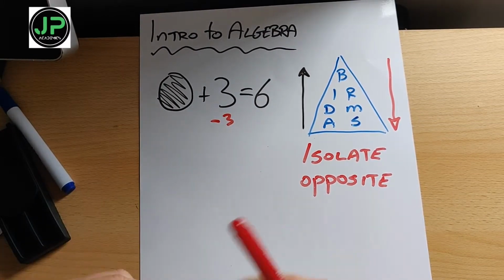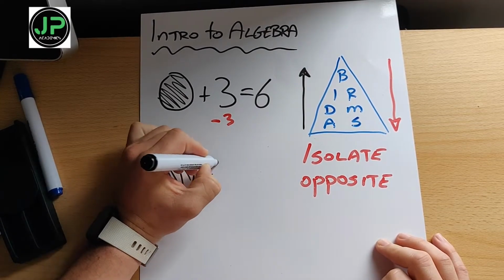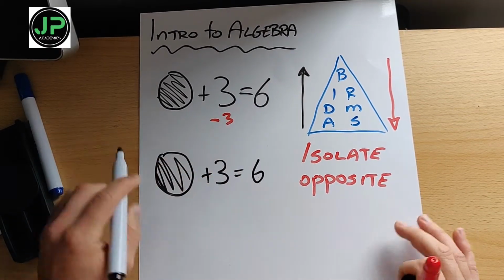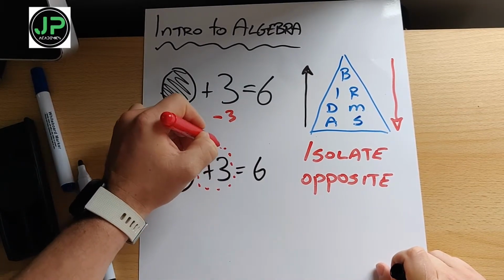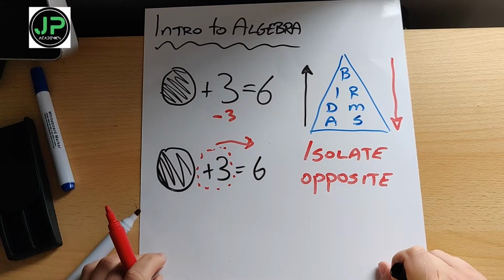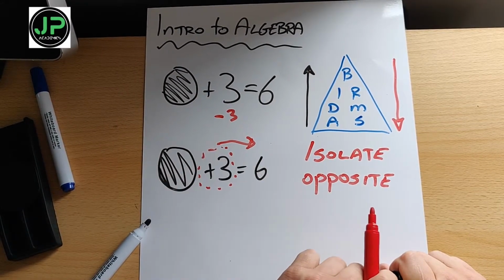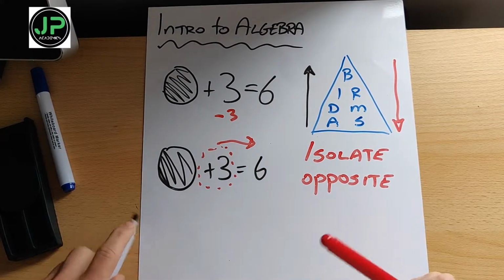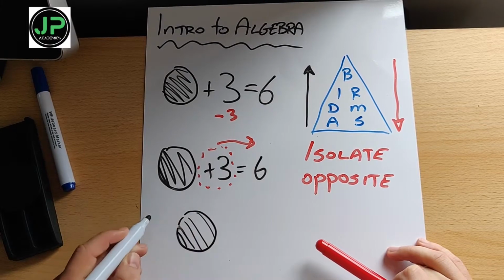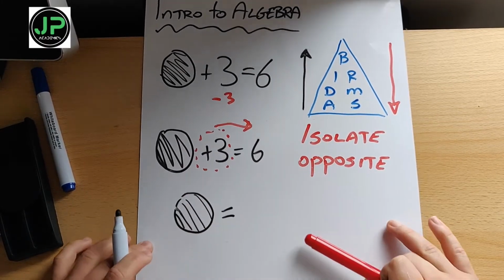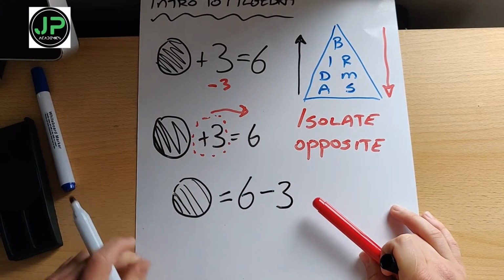So what's going to happen, I'll write it again. There's my circle, plus 3 equals 6. This red circle around the number 3 needs to go across the bridge, and it does the opposite. So when it crosses the bridge, we now have the circle left on its own, because the plus 3 is gone, equals 6 minus 3.